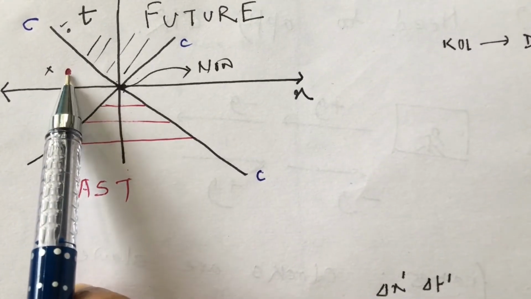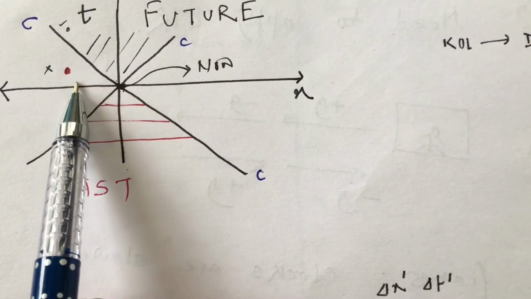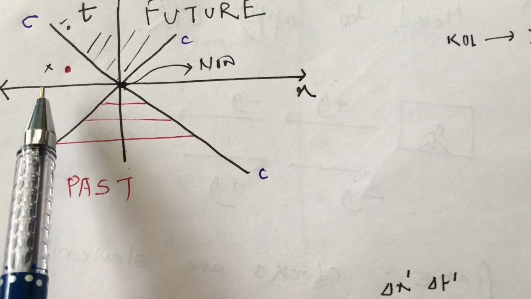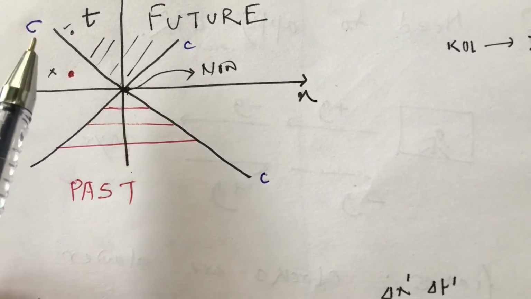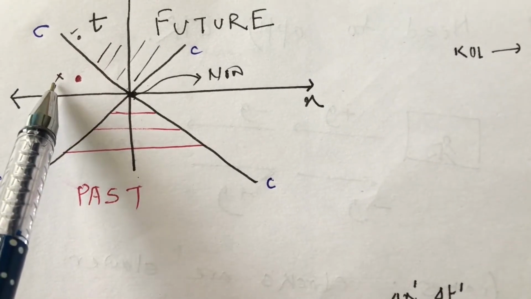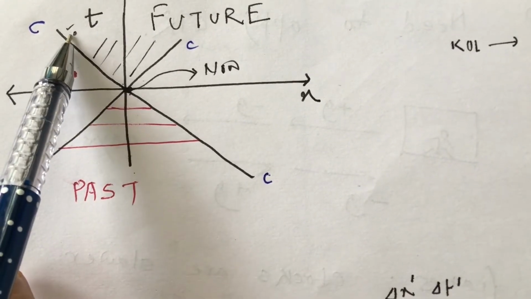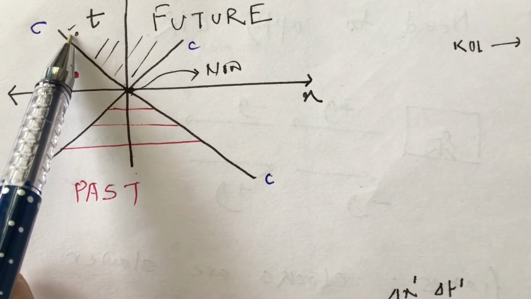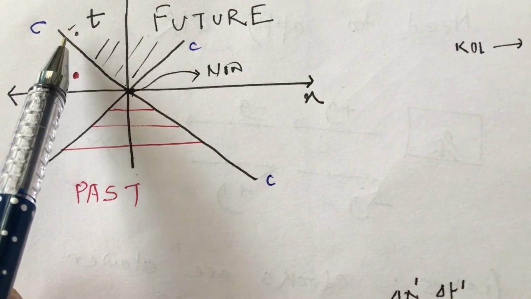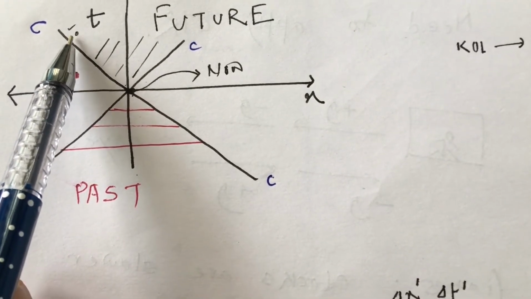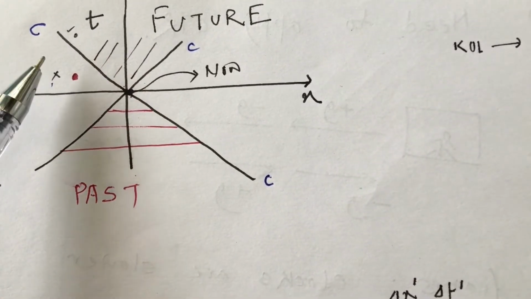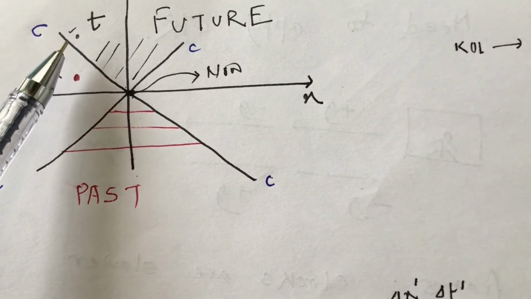Obviously in this region, position changes far more rapidly than time, which means a speed greater than the speed of light. So this region is inaccessible to me. If Delhi is here, I can reach easily. This is quite an accessible point for me, because reaching this point requires me to travel at a speed less than c.